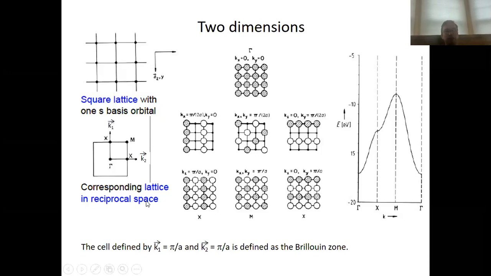The reciprocal lattice is reciprocal to the square lattice in the real space. Now we can systematically vary kx pointing to x direction from 0 to pi over a, and we can do this independently for the k vector that points into y direction.